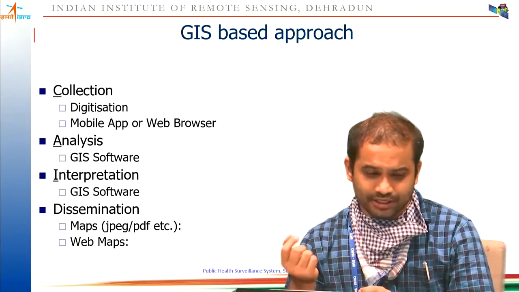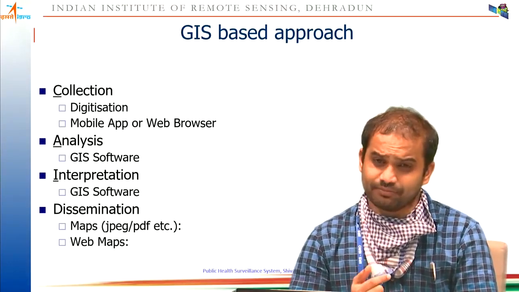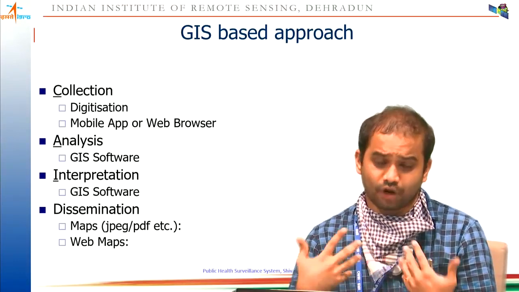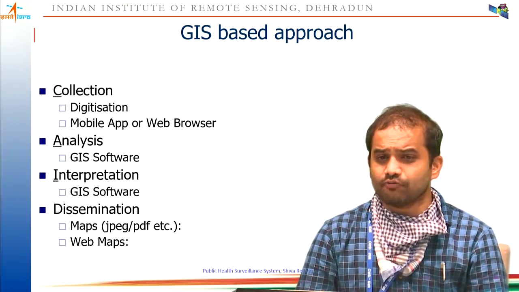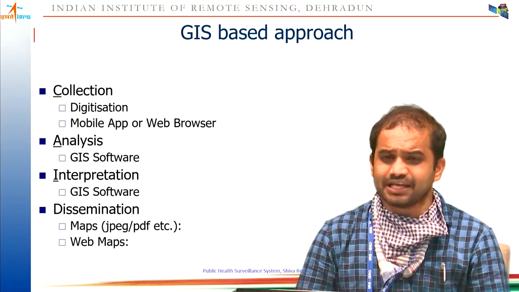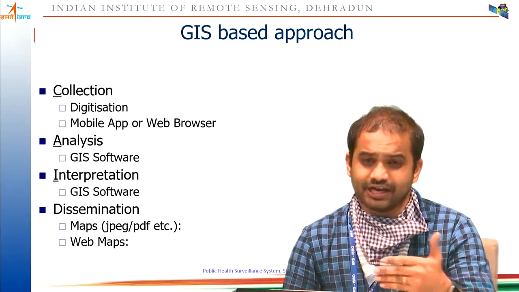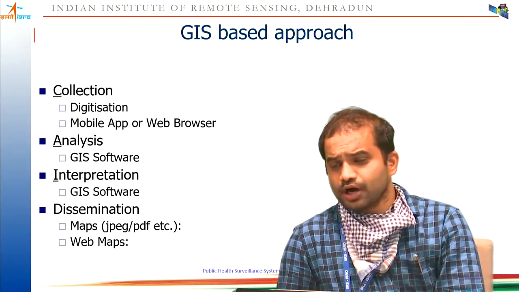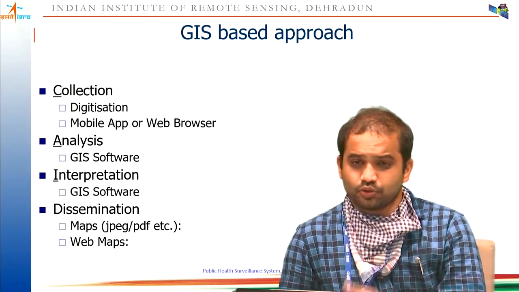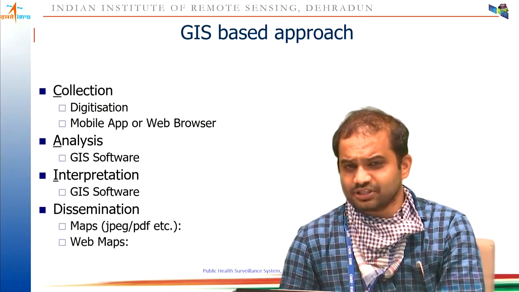They can create points with different attributes, but that is not efficient for mass data collection or field data collection. So we can use mobile apps or web browsers, so that we have an HTML form or a mobile app from where data can be collected and sent back to the server, and from the server data will come back to the GIS. To analyze, first I need to collect. So there are two ways in a GIS-based approach.